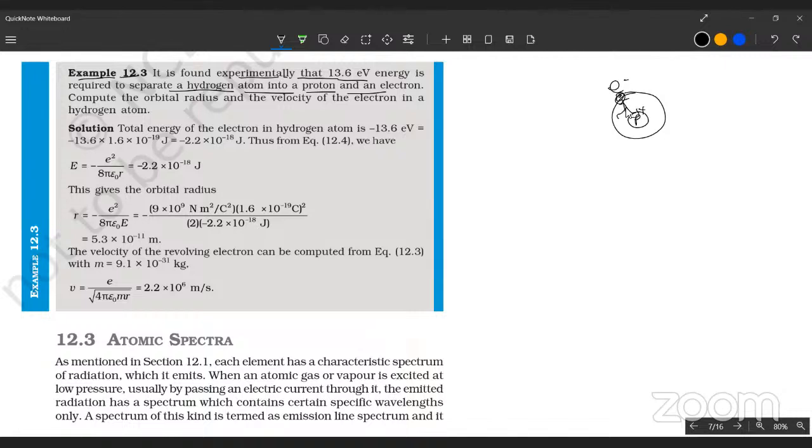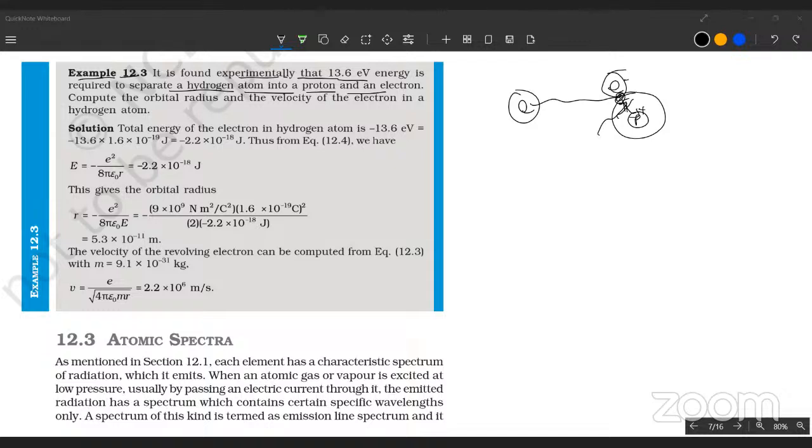You have to provide energy to break this bond, and the electron will be separated. That means whatever energy the electron has, that much extra energy you have to provide so that the bond will be broken and it will be separated.